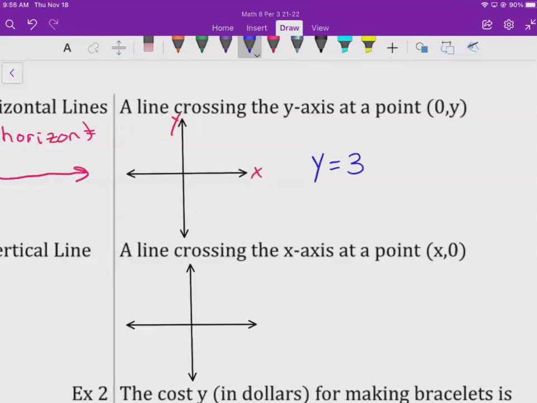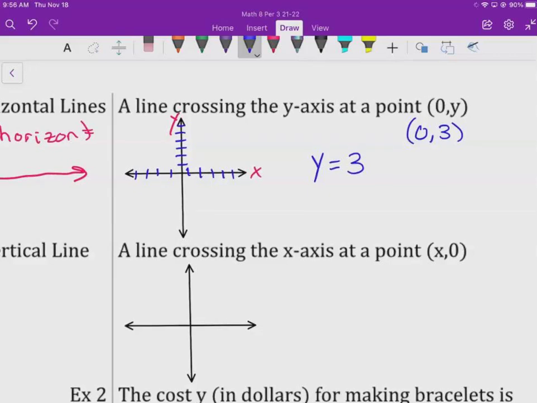here's what I want you to do. So go to the point 0, 3. Okay. So 0, 3 means I go 0 left and right, and then I go up 3. So 0 left and right, up 3. And my dot's right there.